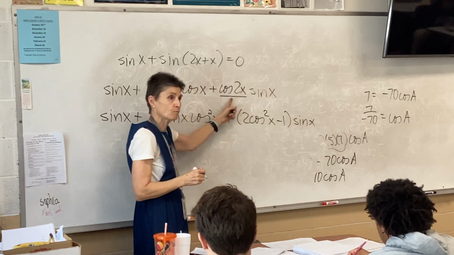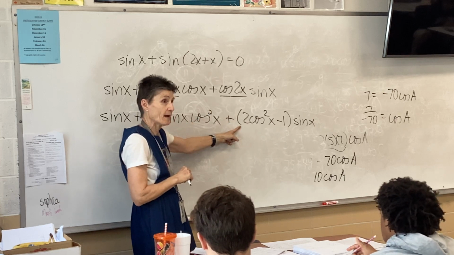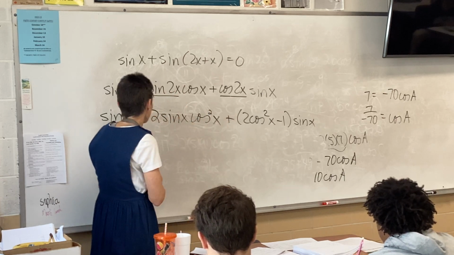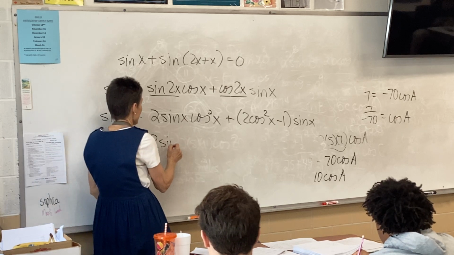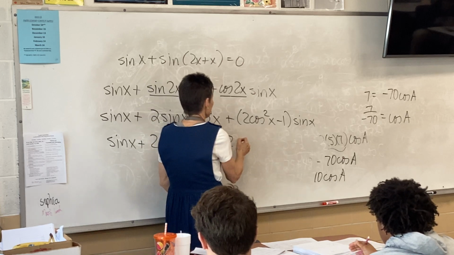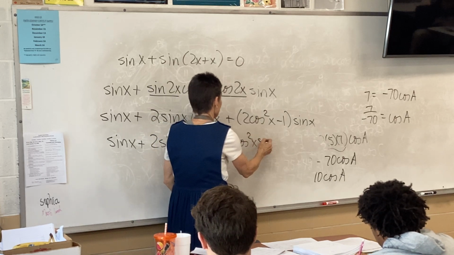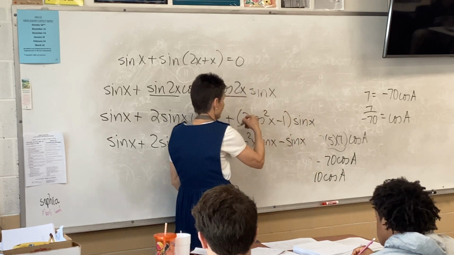This is one of the formulas that has different options. I'm just gonna use that option. Hopefully something good happens. So I have sine plus 2 sine cosine squared plus 2 cosine squared sine minus sine when I distribute here.